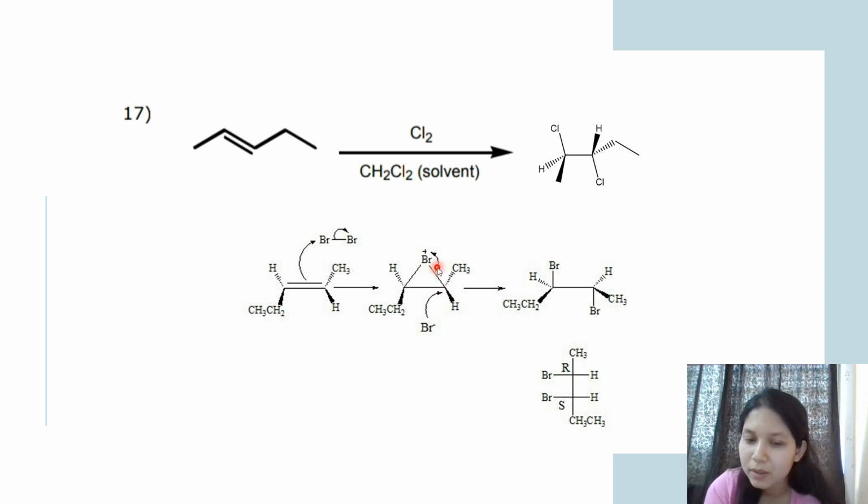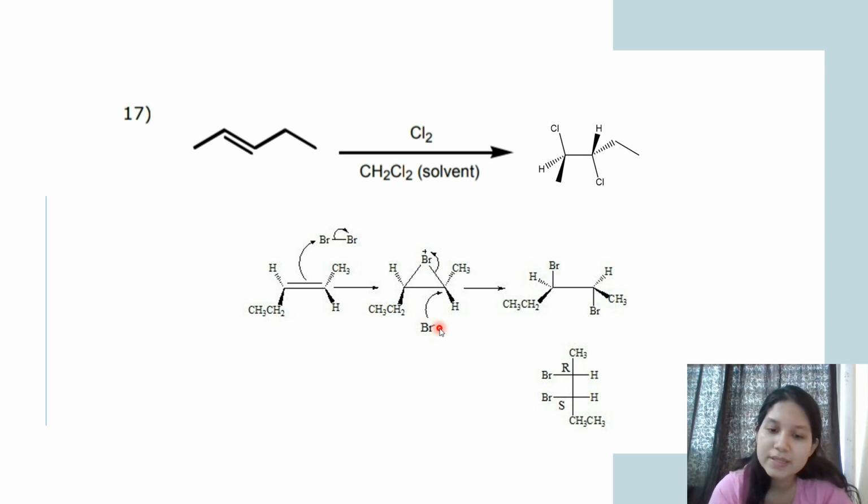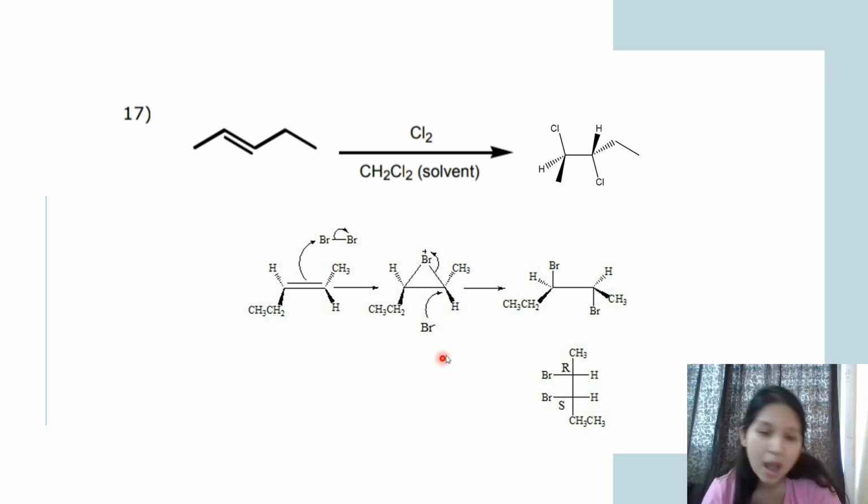Also, you can consider the electron density factor as well, okay? See, the electron donating power of ethyl is higher than methyl. So if you compare the electron density at these two positions, the incoming bromide is also carrying a negative charge, which is electron rich. So it will somehow get repelled by this more electron rich side.